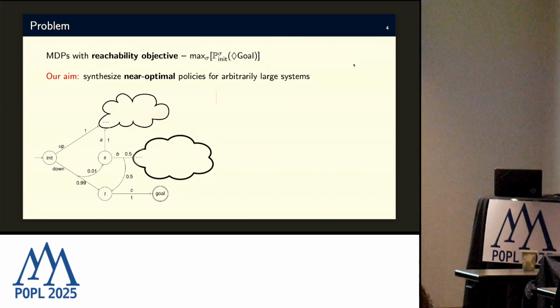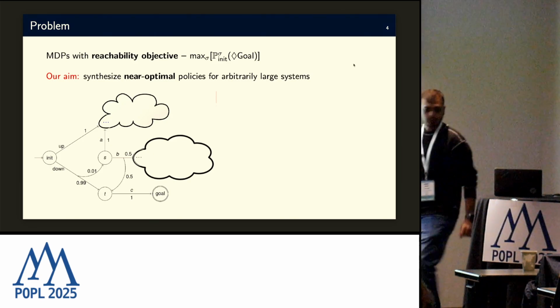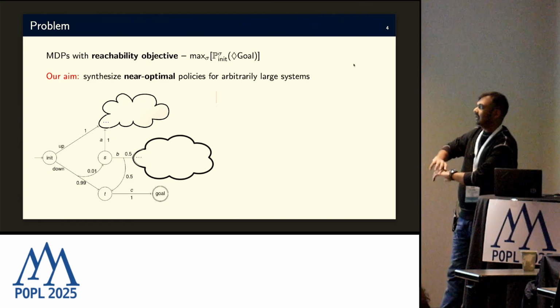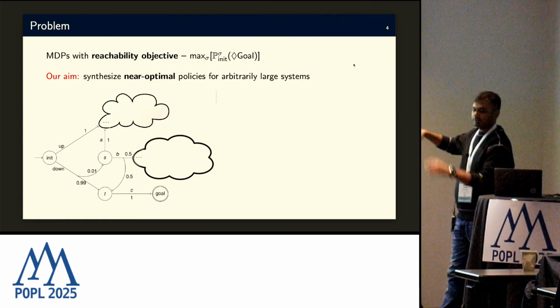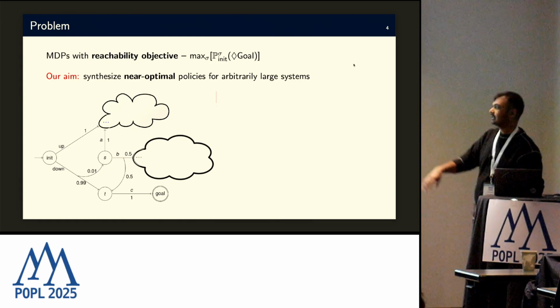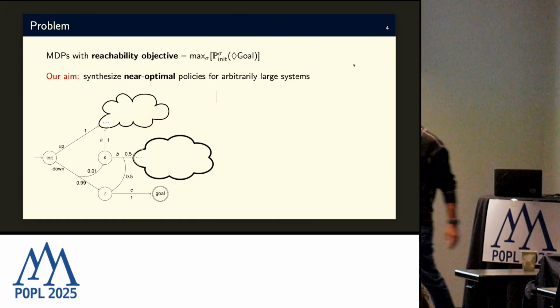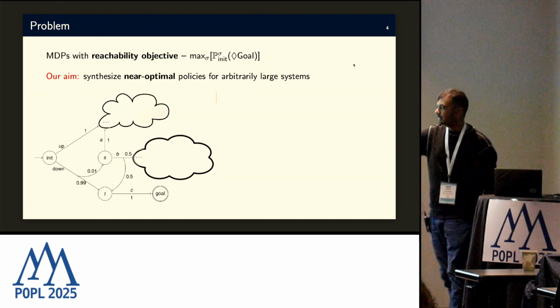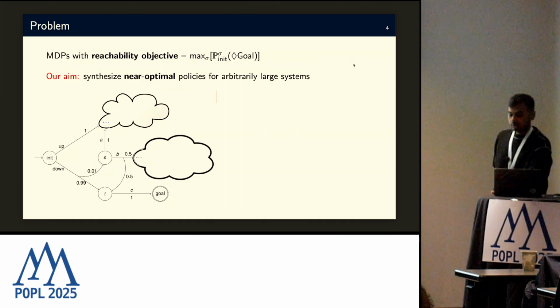Here, for instance, there is an example where the initial state is denoted as init, and there are 2 actions that you can play, up and down. Right? If you go up, then you go to some cloud of states, which could be like millions or billions of states. And if you go down, then you go to T with 99% probability. And if you take action C from T, then you go to goal.